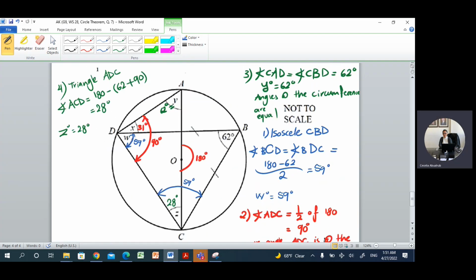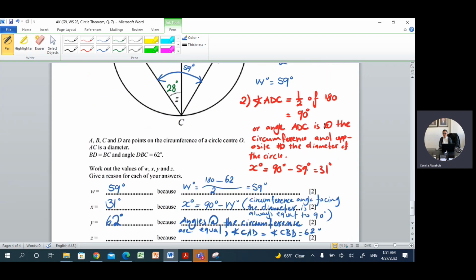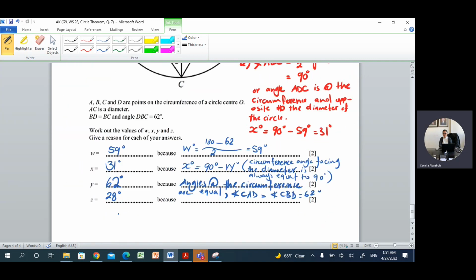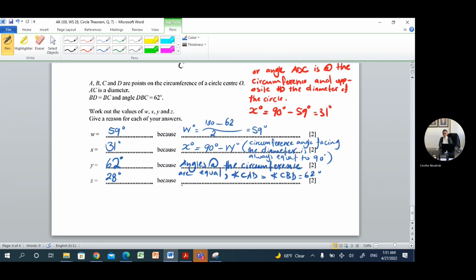Last one is 28. And the reason behind it, you can just write 180 minus 62 plus 90 is going to give us the 28.